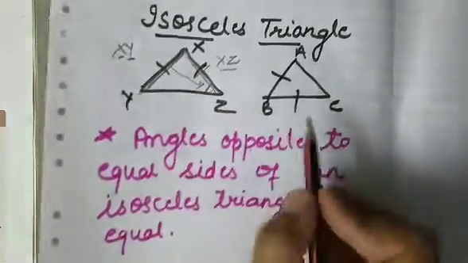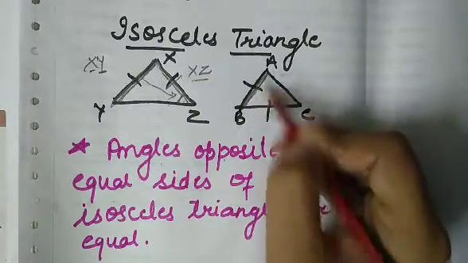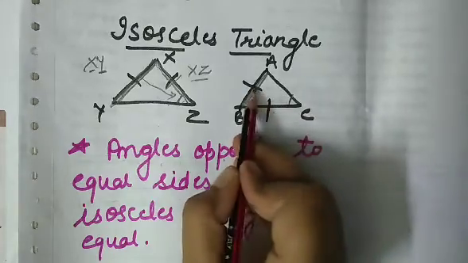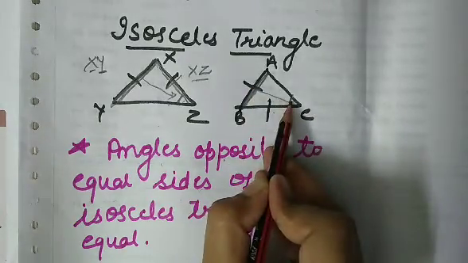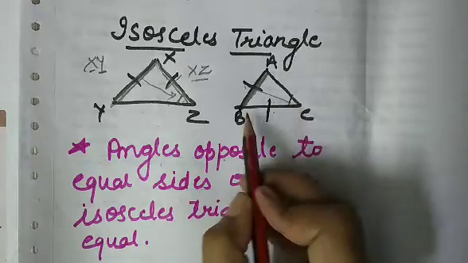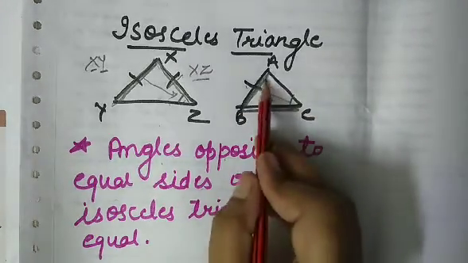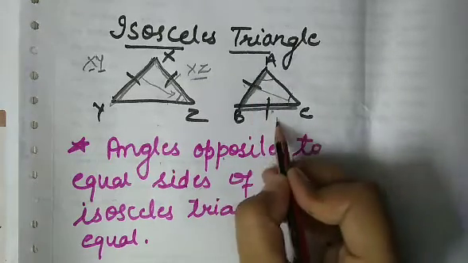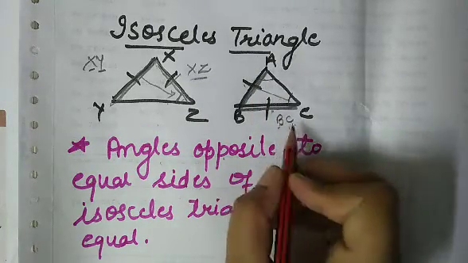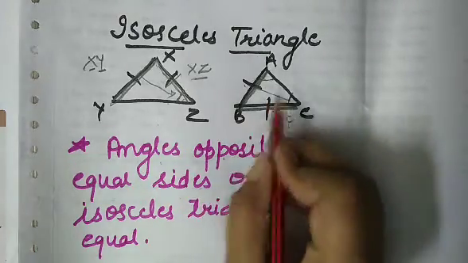Now if I am saying opposite to side AB, which angle is there in this triangle? That is angle C, because it is just opposite to this side. So opposite to side AB we have angle C. And opposite to side BC, the angle present is angle A, because side BC involves vertices B and C, but it does not have A. So A is just opposite to BC.